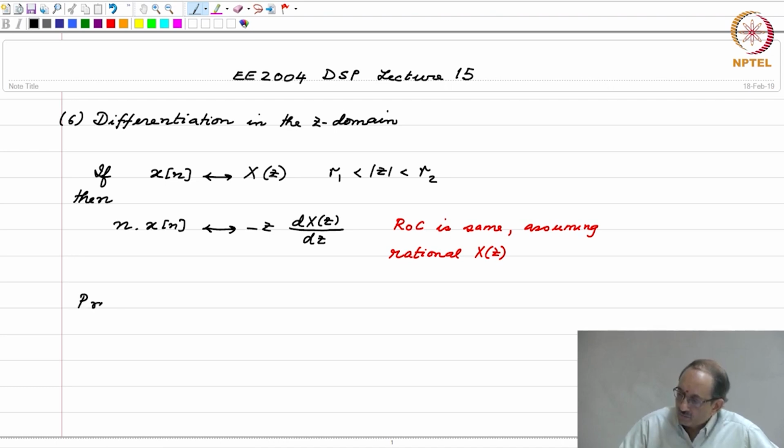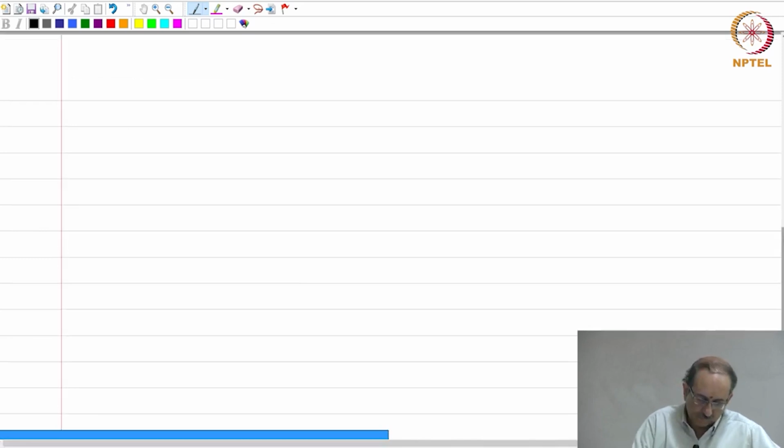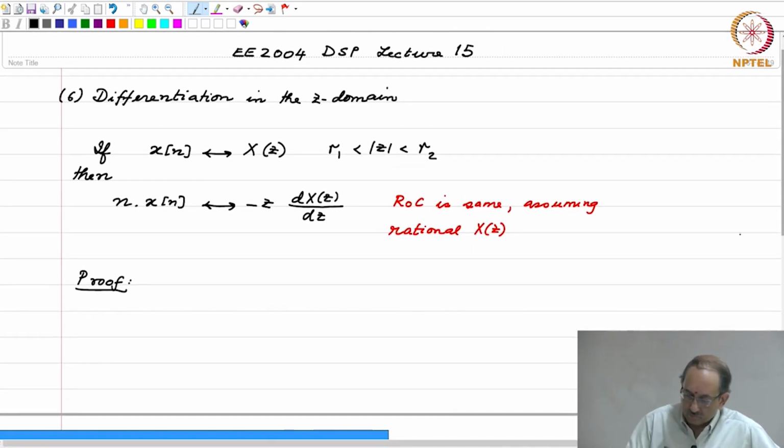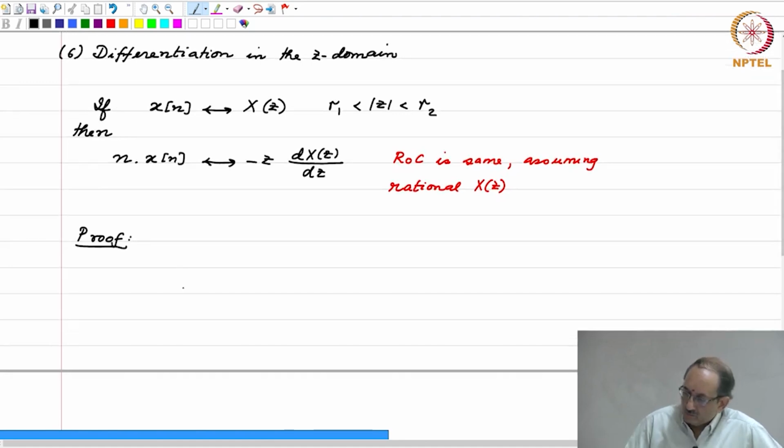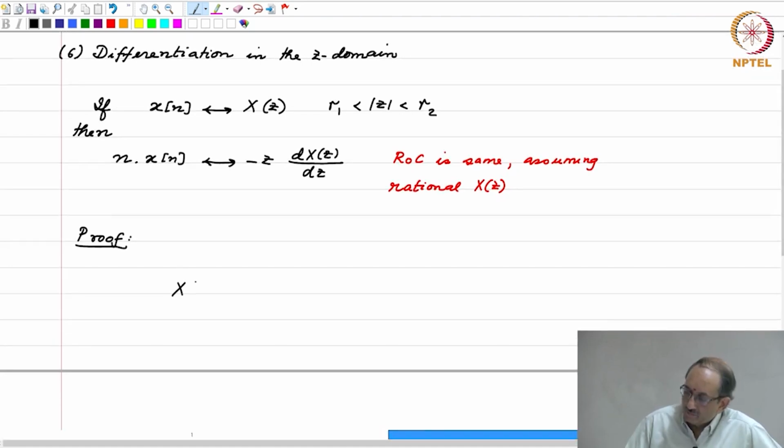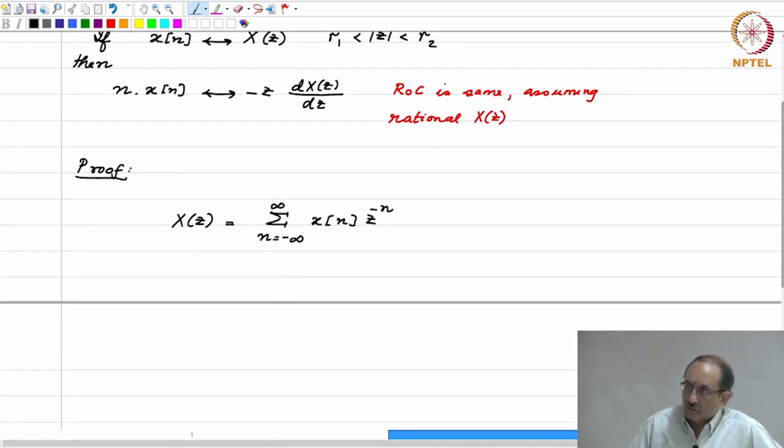The proof is pretty straightforward. So, we have x of z by definition, sum over all of n, x of n z to the minus n, and then let us differentiate with respect to z.